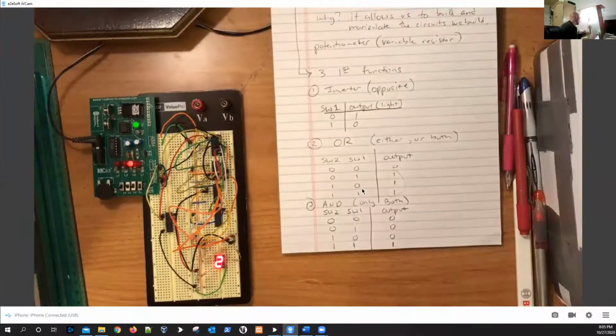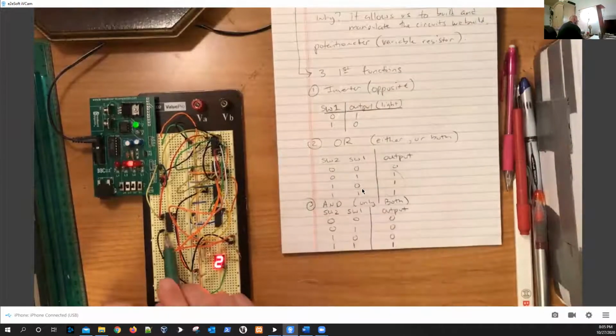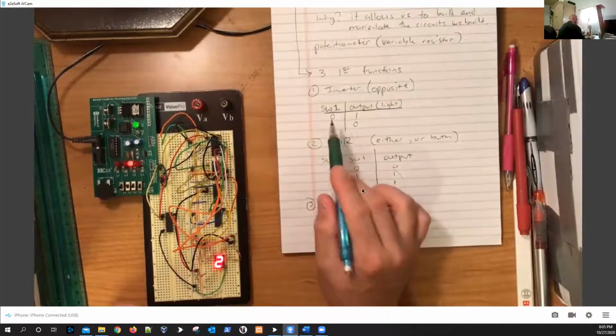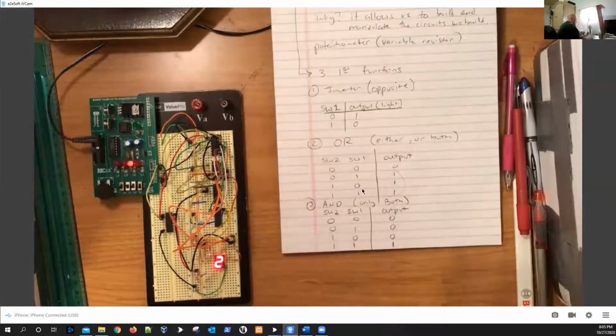Those were the learning outcomes that I wanted to get to for this course. We have different chips that implement these functions and more.